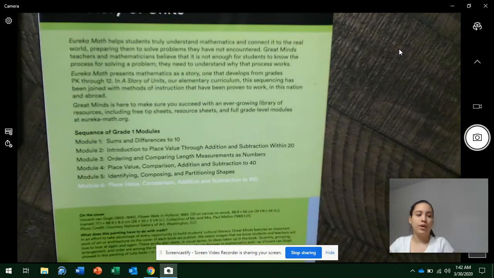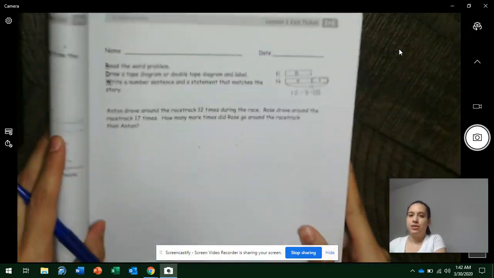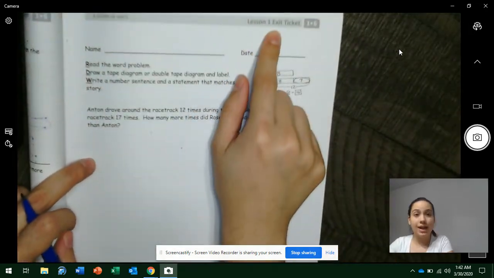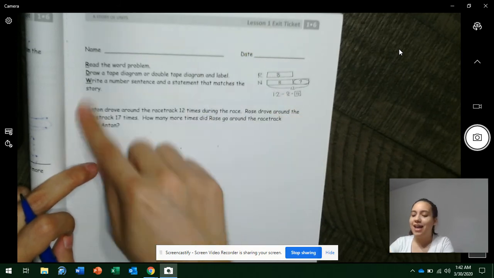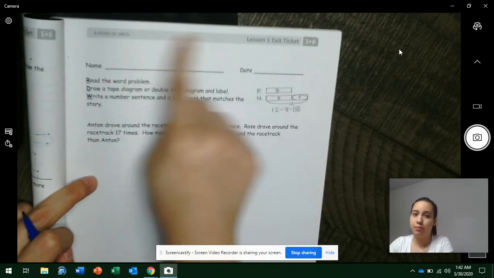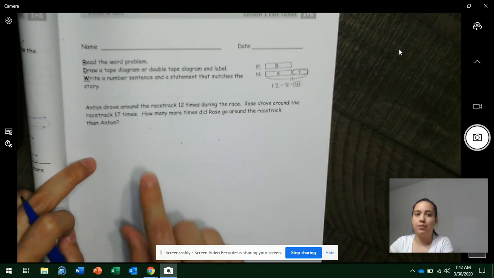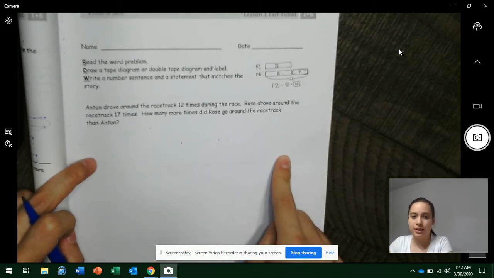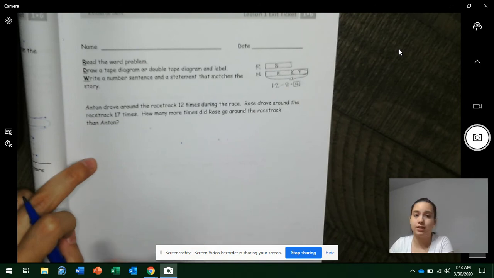And then when you are done, you are going to do your exit ticket. Yes, we still have to do our exit tickets. And I want your name, date, and goal. Very important that we write our heading. You're going to read it, answer it with your tape diagram, number sentence, and statement. I want all your strategies, remember, because everything counts for points.